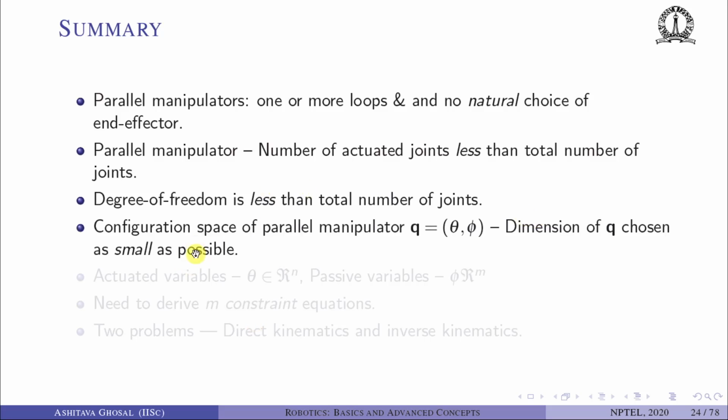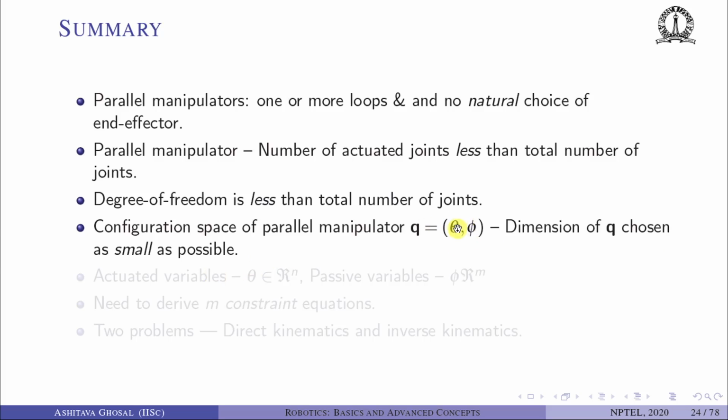So this leads us to the notion of a configuration space of a parallel manipulator. We call this configuration space Q. It is divided into two parts, theta and phi. The thetas are the actuated joints and the phis are the passive joints. We would like to choose the dimension of Q as small as possible.